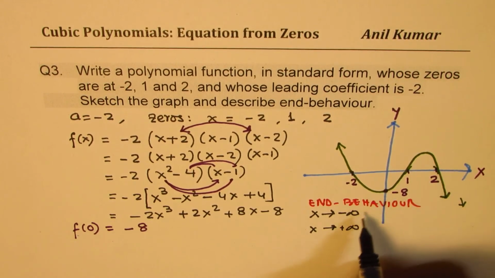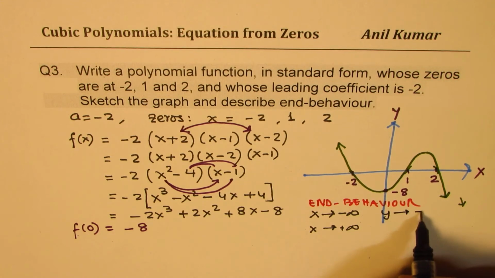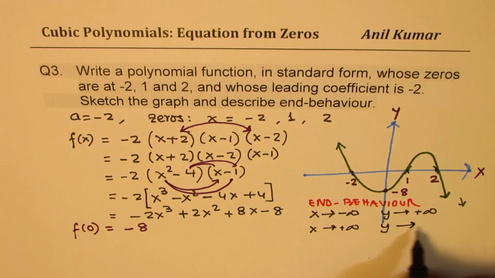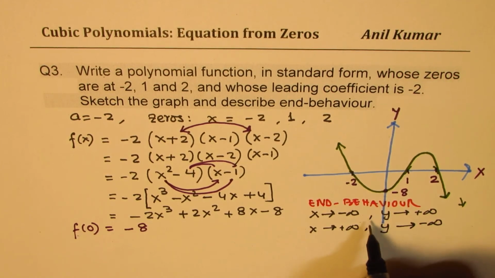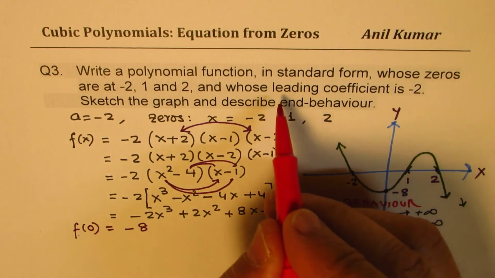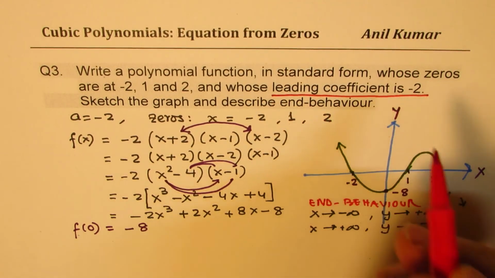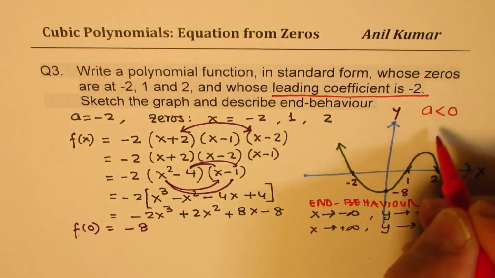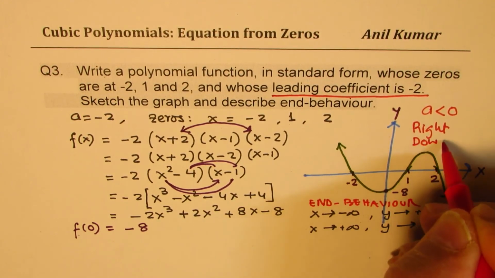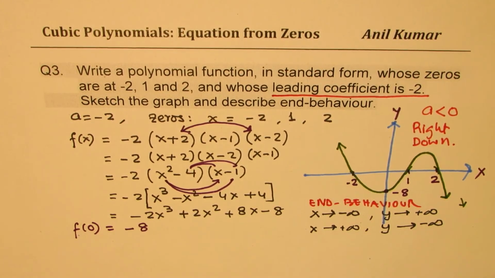We can clearly see that when x approaches negative infinity, y approaches positive infinity, and when x approaches positive infinity, y approaches negative infinity. Always, for a cubic function, they are going to be at opposite ends. Now, since the leading coefficient is negative, that is a is less than 0, right side down. Easy way to remember. So I hope that makes sense.